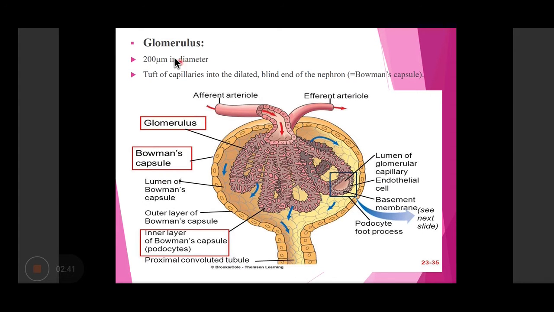So coming to the first part, that is the glomerulus. Glomerulus is nothing but a tuft of capillaries, which are enclosed in a blind tubular structure, which is known as the Bowman's capsule. This is the Bowman's capsule, which is enclosing the tuft of capillaries, and a lot of convolution is there in the glomerulus so as to increase the surface area for the ultrafiltration.